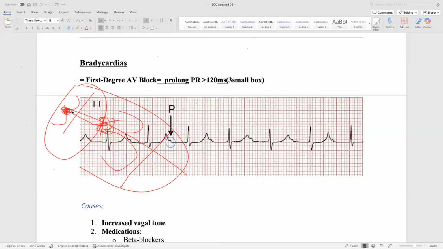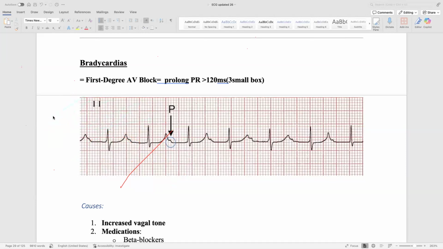If there is delay between the atrial contraction and the ventricular contraction, between the atrial depolarization and ventricular depolarization, it means there is something between the atrium and the ventricle delaying the electricity. That is AV nodal block. That is a heart block. Okay, because localization is important, ya Jama'ah.